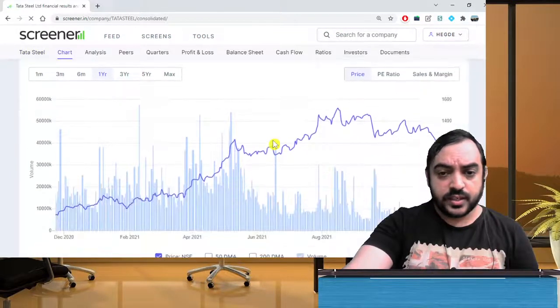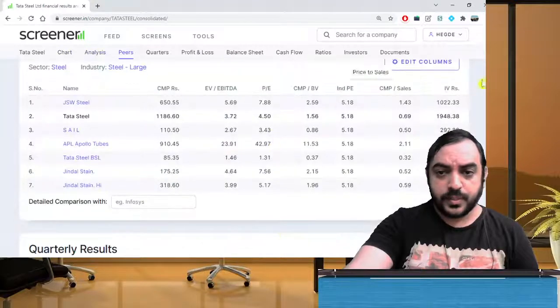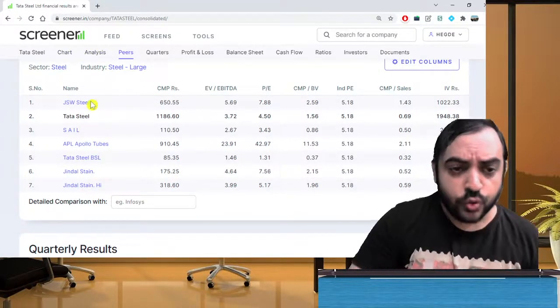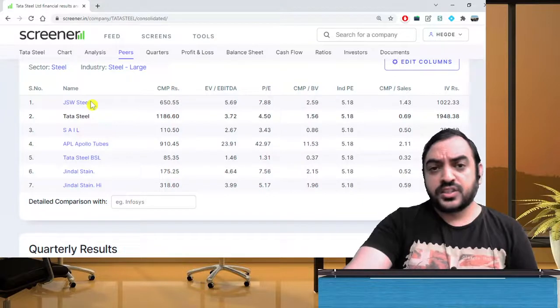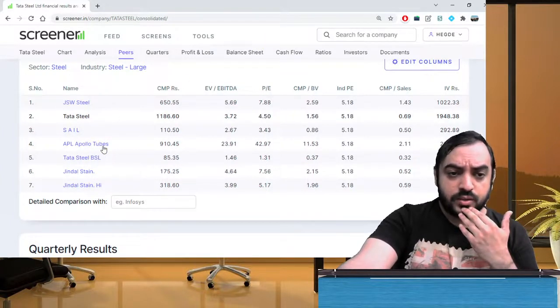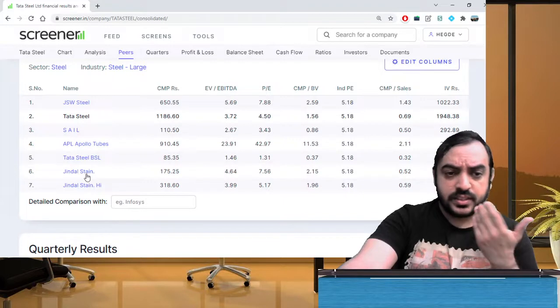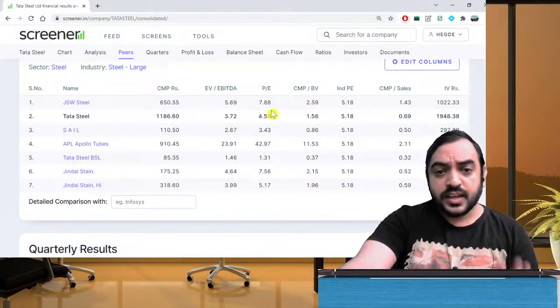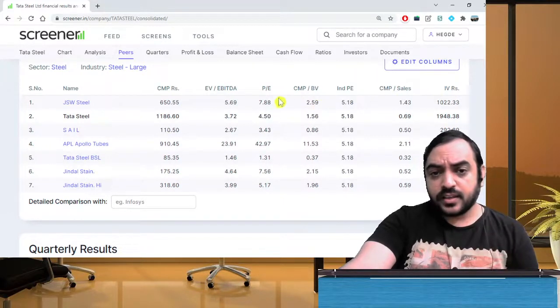Okay, let's look at its P ratio. Who are all into this steel industry? Peers: you can see JSW Steel, Tata Steel, SAIL, Apollo Tubes, Jindal Steel, and so on. Let's compare their P ratio.